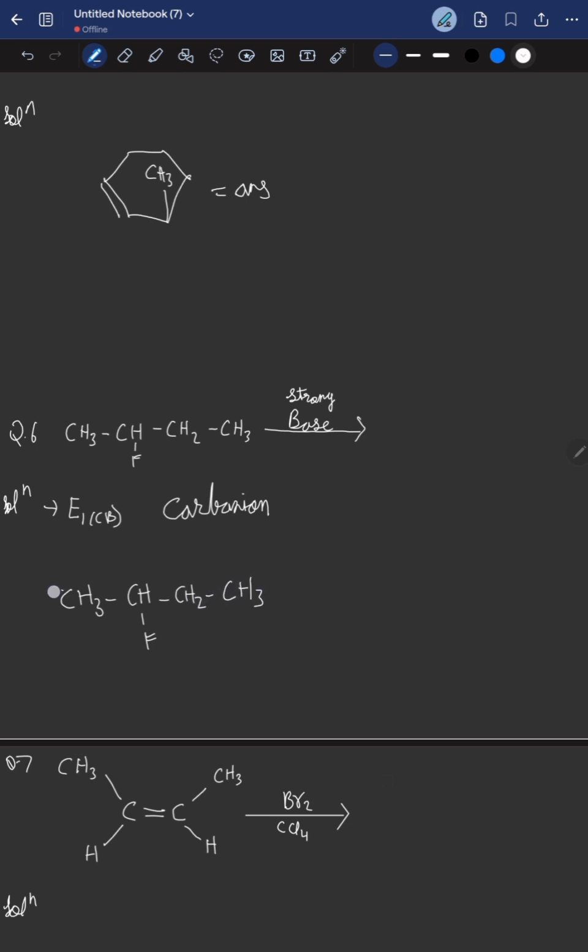The base would attract the hydrogen ion from here, forming CH2 minus, and this fluorine would take the electrons from here, leading to a positive charge here, forming the double bond and leading the product to be the Hofmann product.